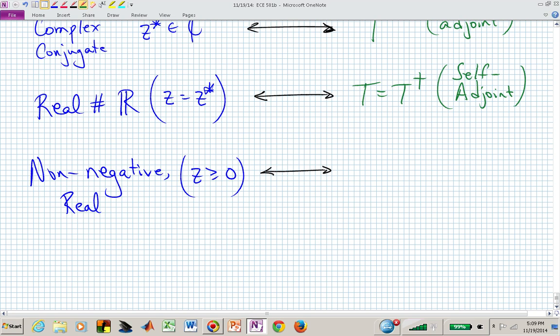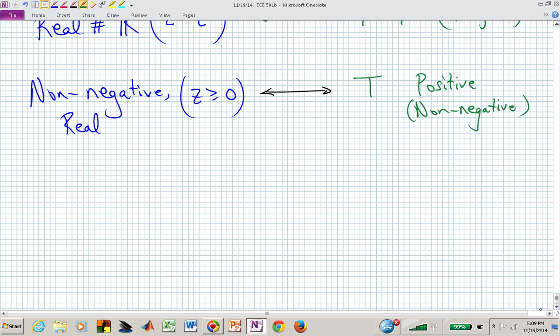That's what we were calling a positive map, so that now T is positive, which is non-negative.